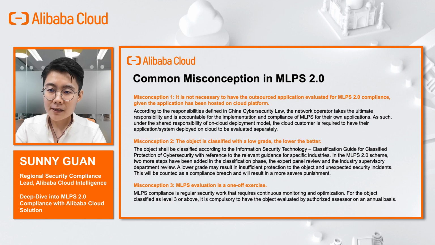Secondly, some network operators and MNCs try to classify the identified protection object at a lower grade than it should be. Actually, it's totally wrong, because if you classify it with a lower grade, it may cause insufficient protection.